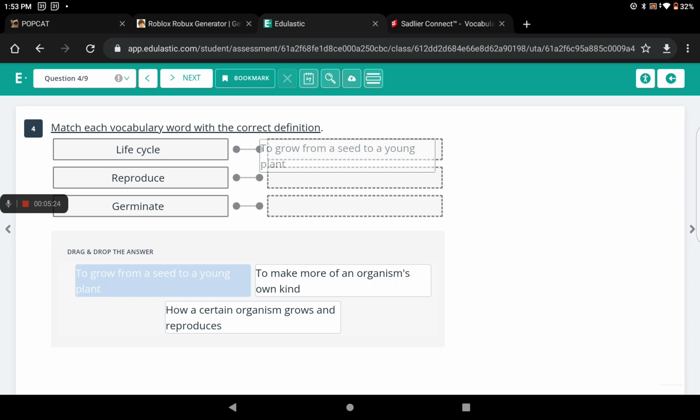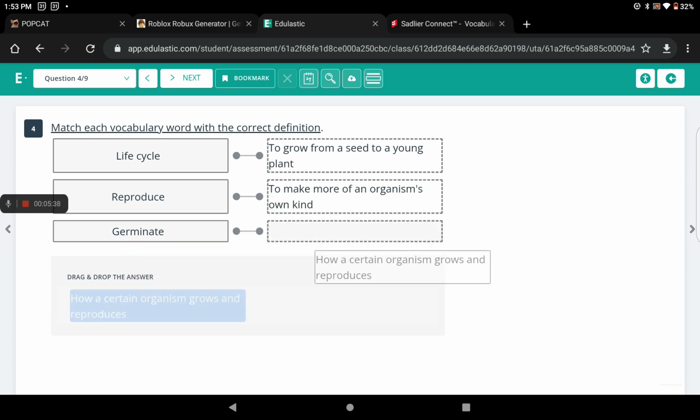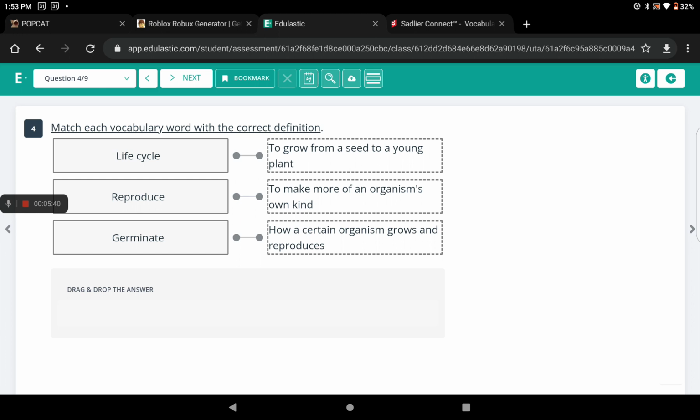Now, second definition, to make more of an organism's own kind. Is it life cycle, reproduce, or to germinate?